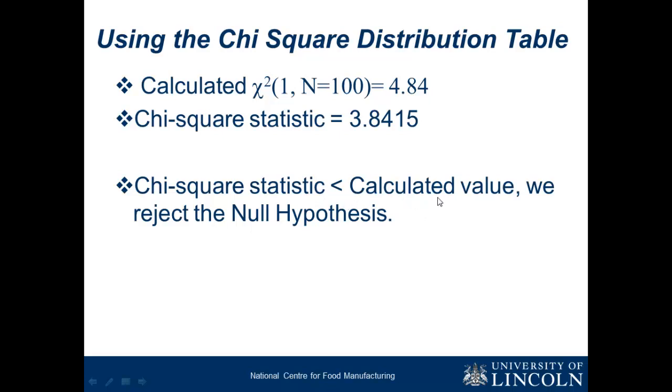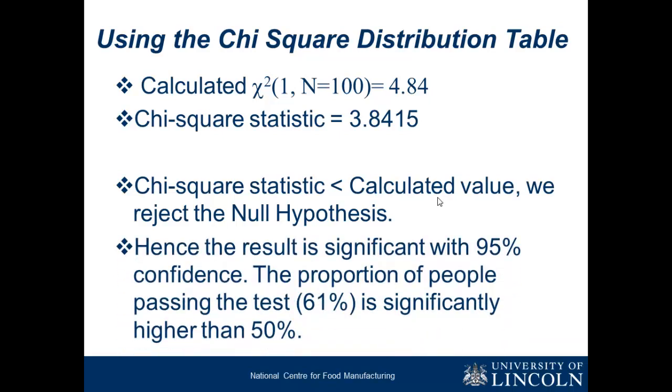When we reject the null hypothesis, we actually accept the alternative hypothesis, which is that there's a difference. So when the null hypothesis is rejected, that shows there's a difference. The result is significant with 95% confidence, because we used a 5% significance level in the table.